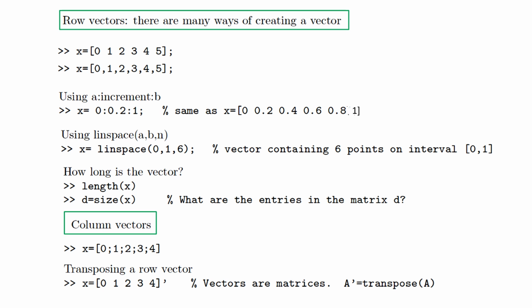So if we need to create a vector consisting of 6 points and we want the values in the interval 0 to 1, then we can create a row vector by calling linspace, and the syntax is linspace bracket 0, 1, 6, where 0 indicates the initial value, 1 indicates the final value, and 6 is the number of the points which will be created in this row vector.